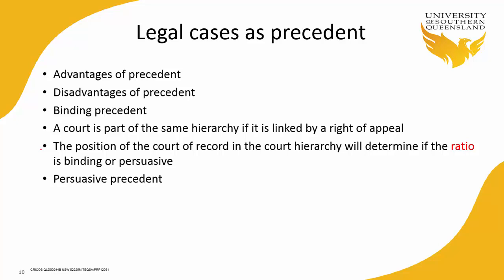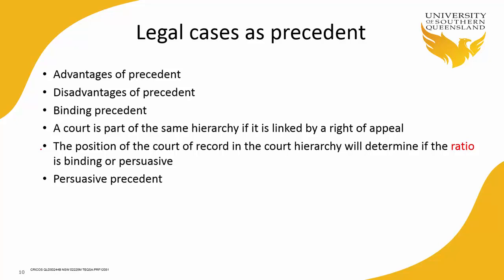Advantages, for example, include things like promotes consistency, which is one of the characteristics that we wanted to have in our legal system, if you recall, and I believe that was in the earlier chapters that we've looked at, in chapter 1 on page 6. So you'll find things like characteristics of a legal system. So the idea that this serves this purpose of promoting consistency, coherence, certainty, efficiency, and justice.